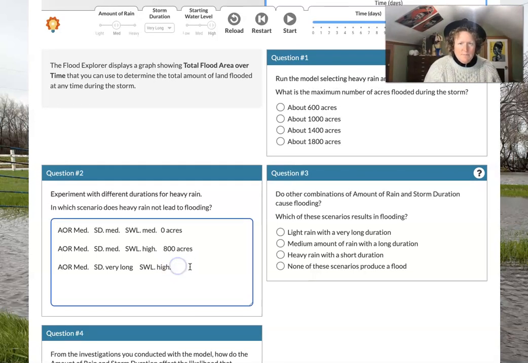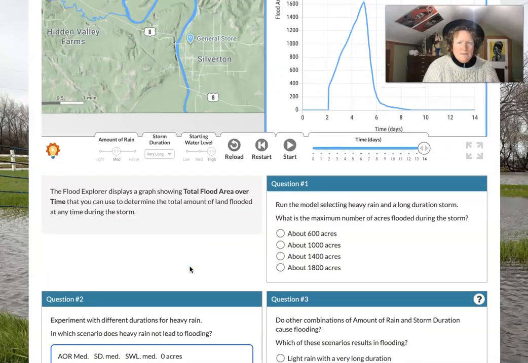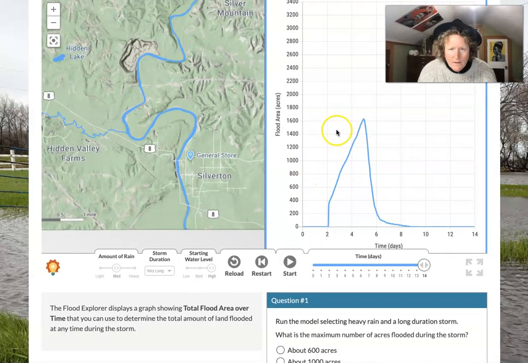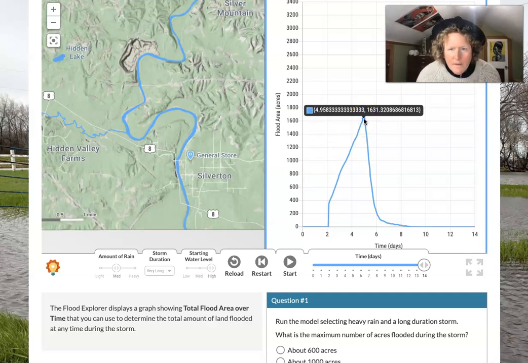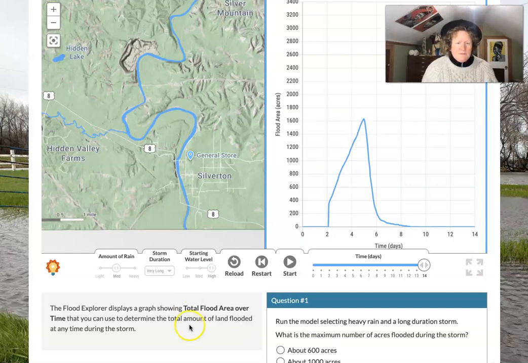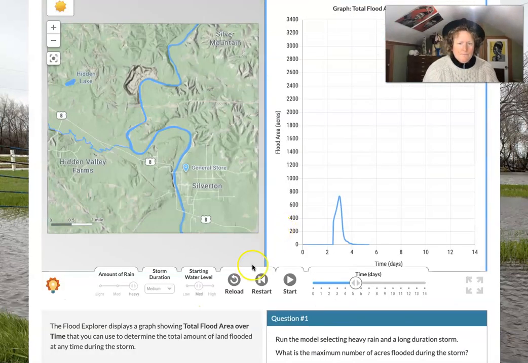And we can see that makes a big difference because this time we flooded about, if you look at the second number, it's a coordinate pair. X is the number of days and Y is the number of acres. So we flooded about 1,600 acres.